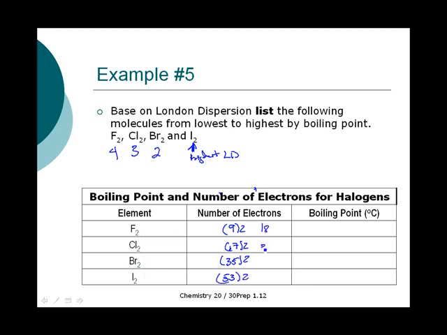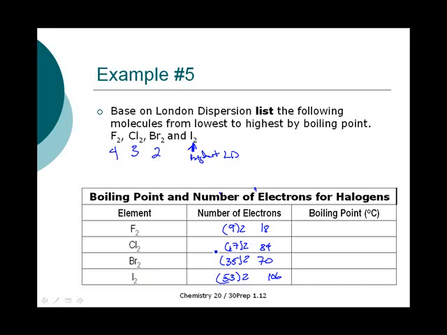So we're actually at 18, 34, 70, and 106. So what this means is iodine should have the highest boiling point, because it has the most electrons, the most London dispersion, and is the most likely to attract other molecules to it. The attraction between iodine molecules will be relatively high compared to the attraction between fluorine molecules.